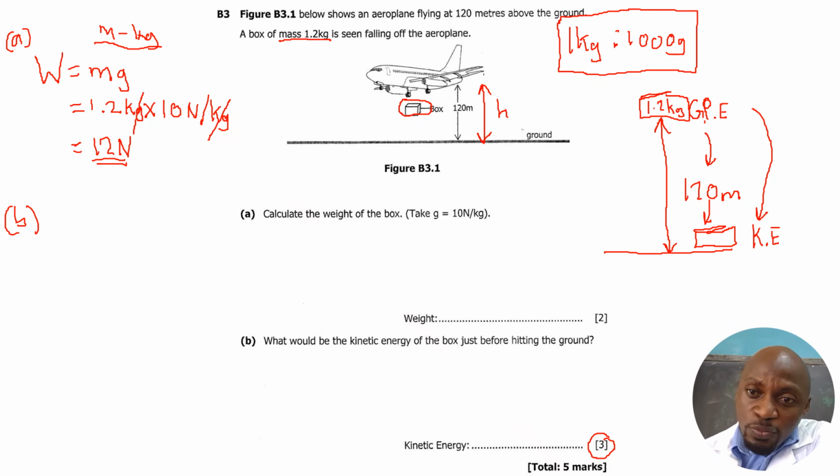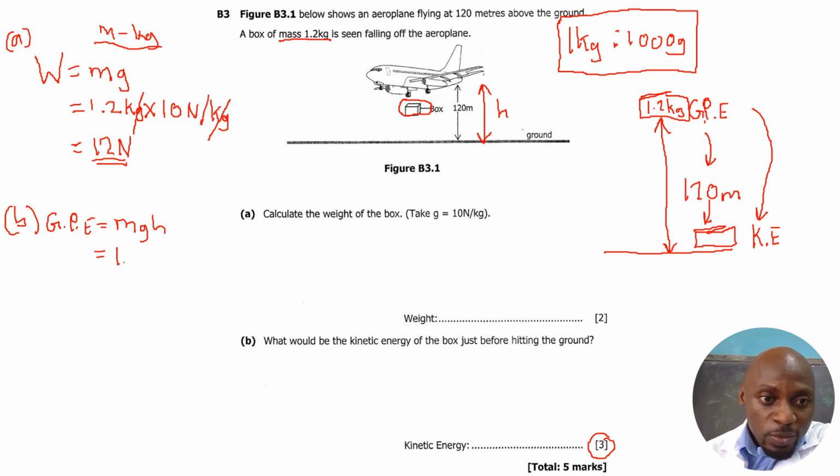As it starts to fall, it loses gravitational potential energy, which is converted to kinetic energy. So we need to know what the gravitational potential energy is at the height of 120 meters. Gravitational potential energy is calculated by mass times strength of gravity times the height.